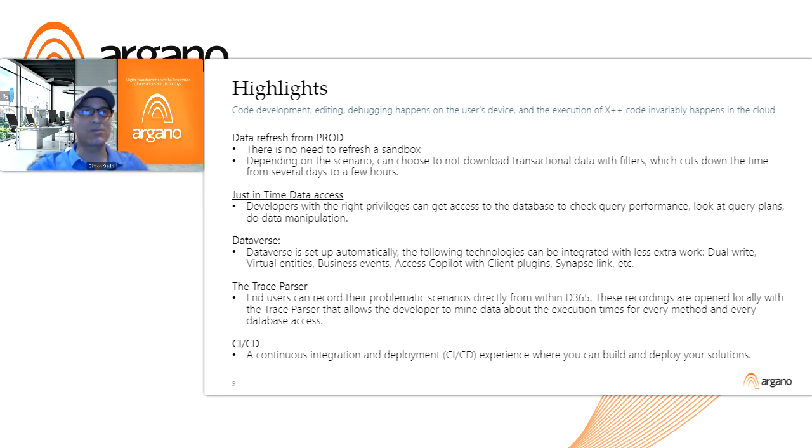So you don't really need to refresh your database all that often anymore, because your UDE can be connected to, literally with the right privilege and permissions, any tier 2 or higher online environment.